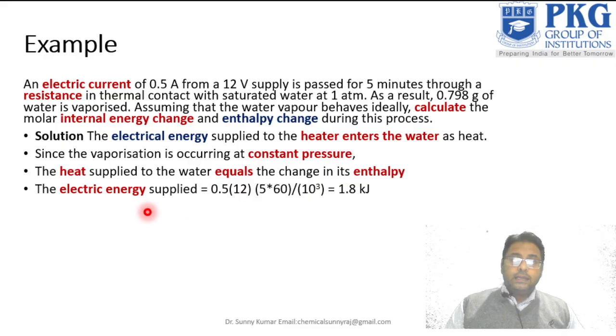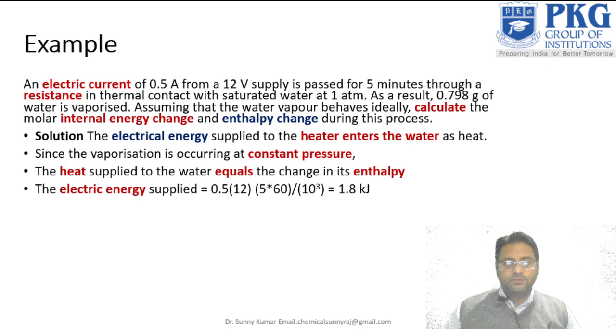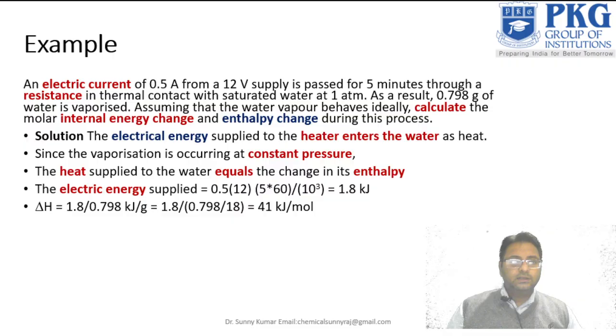So the electric energy supplied is 0.5 ampere into the voltage, Vi, and we know the time, which is 5 minutes. We have to convert it into seconds, so 5 into 60, and multiply by 10 to the power 3. So you will get 1.8 kilojoule of electrical energy.